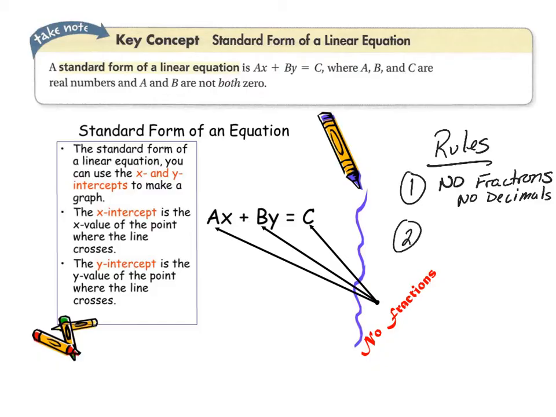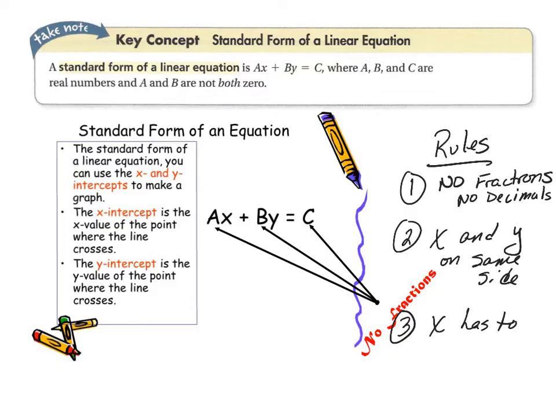The second one is x and y on the same side. So they have to be on the same side. And 3, this is kind of a personal preference. X has to be positive. If you follow all those rules, you'll have it in standard form.